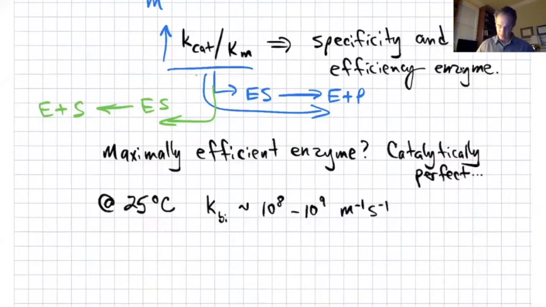So at 25 degrees, the bimolecular rate constant, as I said, for the rate at which two things in aqueous solution can whack into each other is in the range of 10 to the 8th to 10 to the 9th per molar per second.